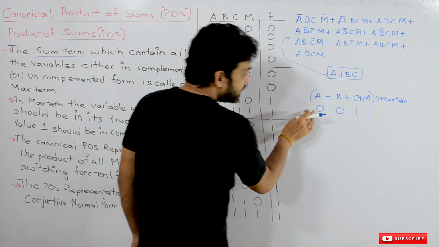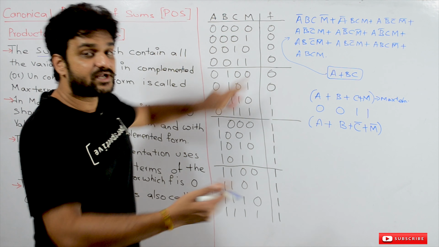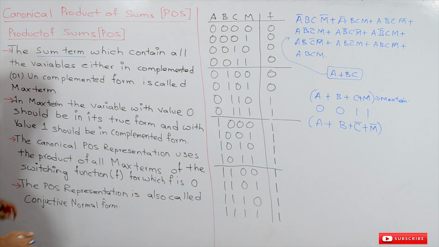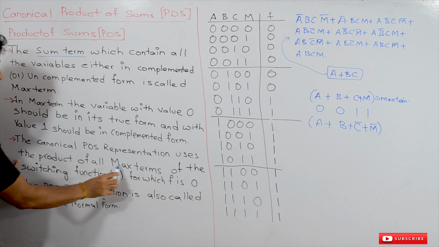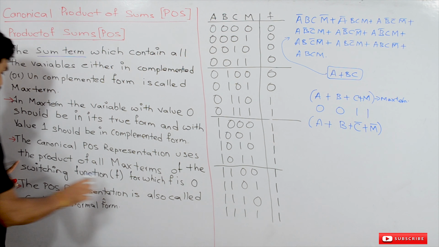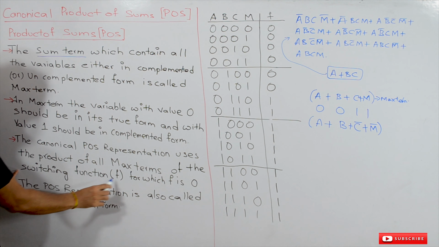So, the canonical POS representation: in order to represent the entire function f in canonical product of sums, we use the product of all max terms of the switching function f for which f is 0.